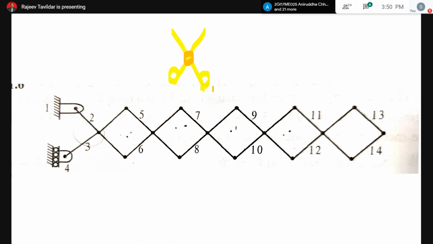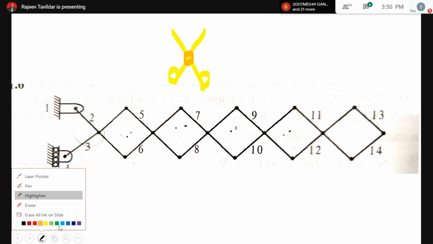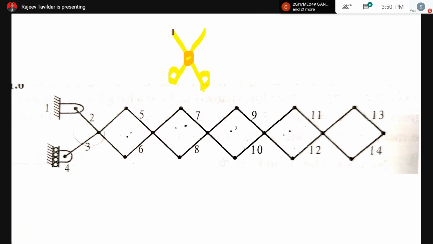Now just imagine what would happen if this particular link that I've drawn were made up of two parts, split at this point. Then your Caesar activity will not take place. Whatever purpose the main Caesar serves, you won't be able to achieve it. If it is made up of two links, say 1 and 2, then it will not work. This has to be a single link, and this also has to be a single link. Only then will the Caesar mechanism work.